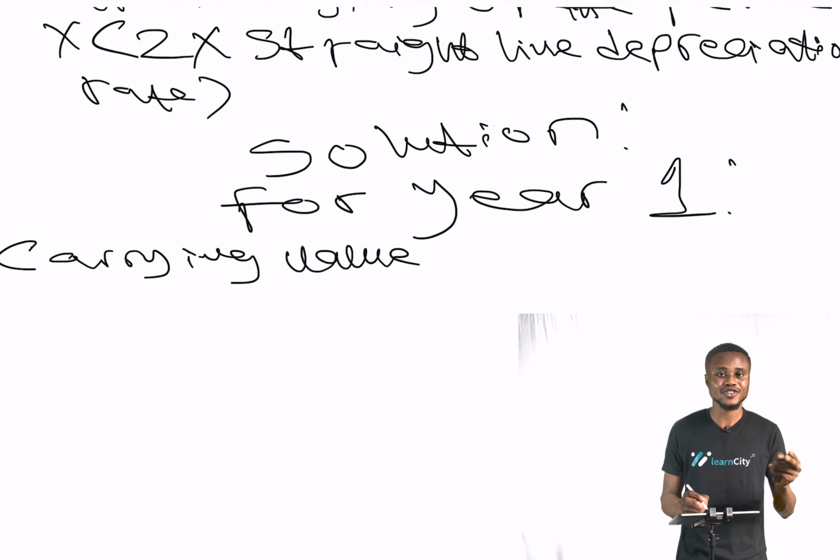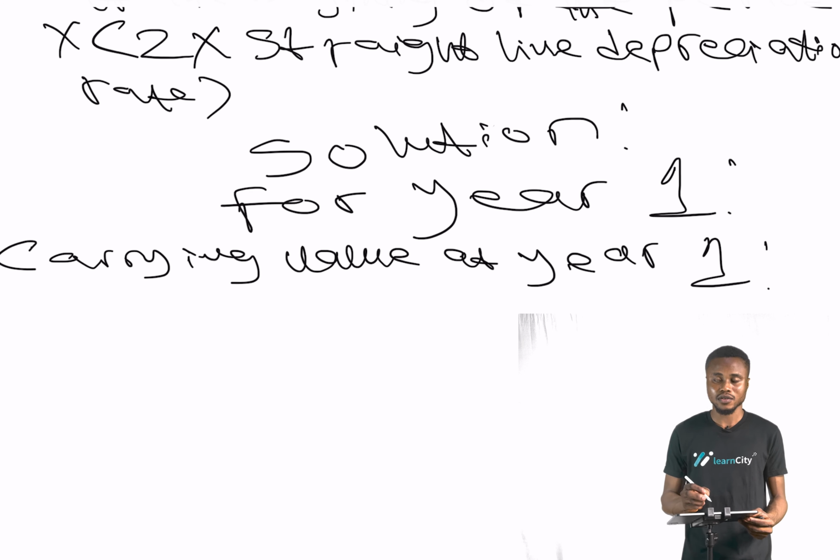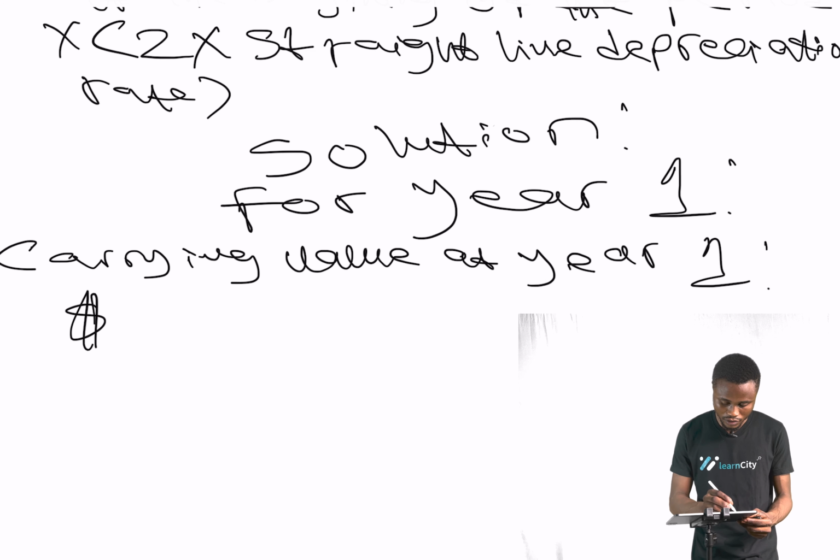You know we are calculating for 3 years, so we're going to do the first year first. The carrying value at year one is, as in the question, 50,000 US dollars.